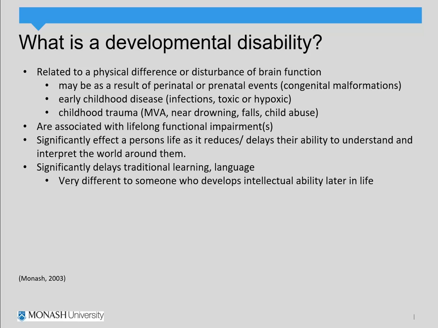So if you think about all of the things that a child acquires in the first few years of their life, learning to walk, learning to talk, and then in the early years of primary school, learning to read, learning to write. If every time you hit those developmental things, you hit a hurdle and it took you longer, add all of those delays together, and down the path, you're going to be 3, 4, or 5 years in terms of development behind your peers of the same age.